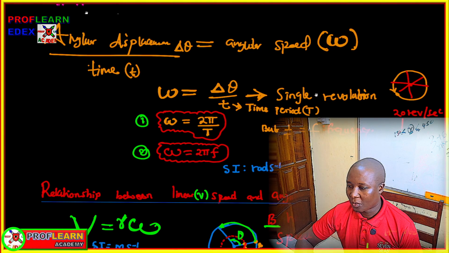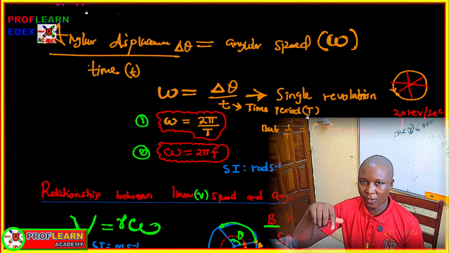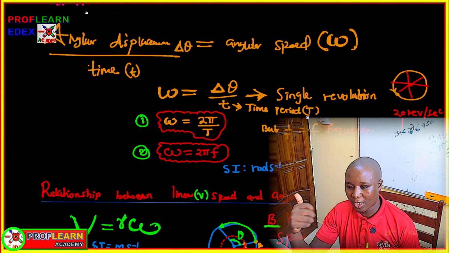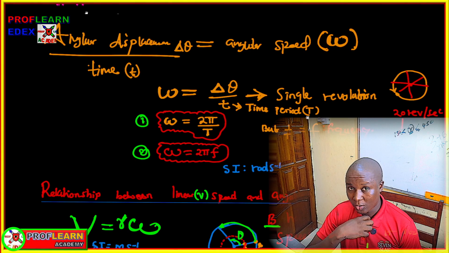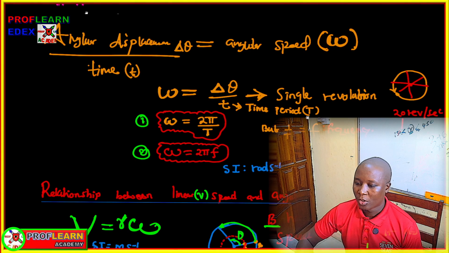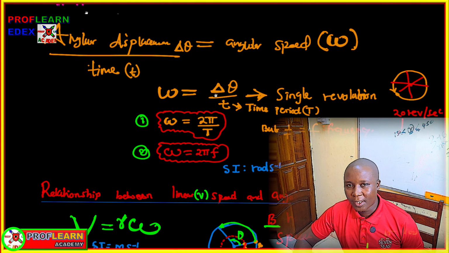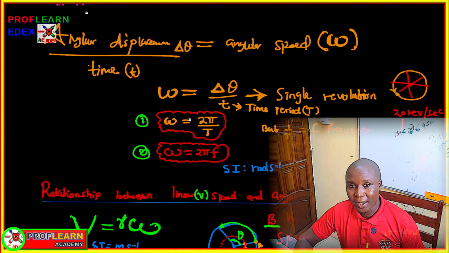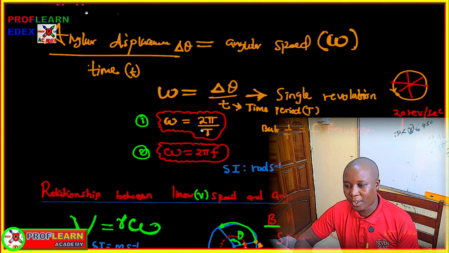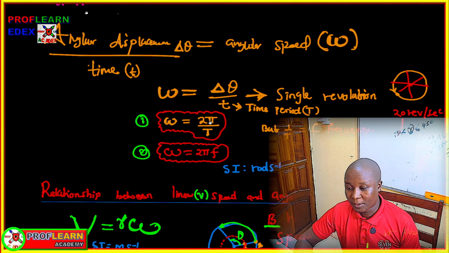For a single revolution, time t is denoted as capital T. The time taken for a complete cycle is called the period, or the periodic time. In a complete revolution, the angle formed is 2 pi.